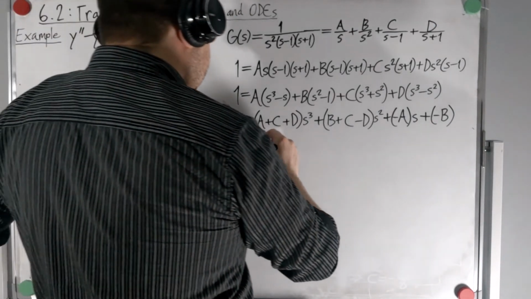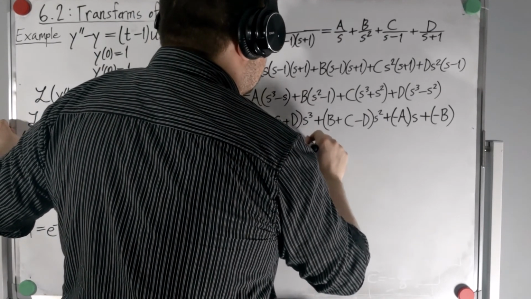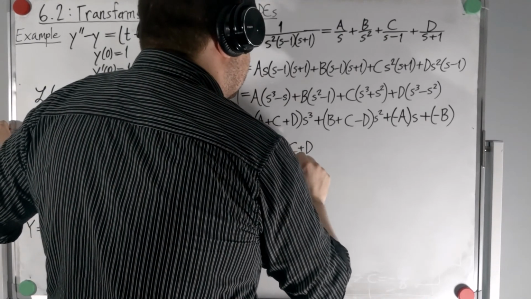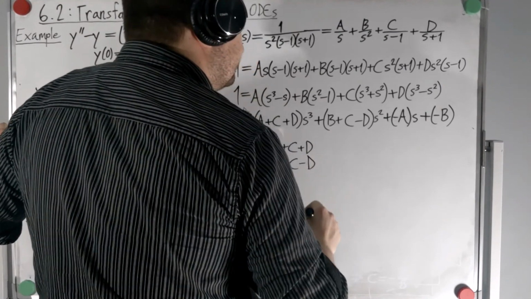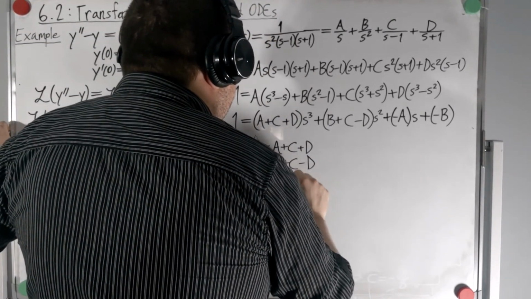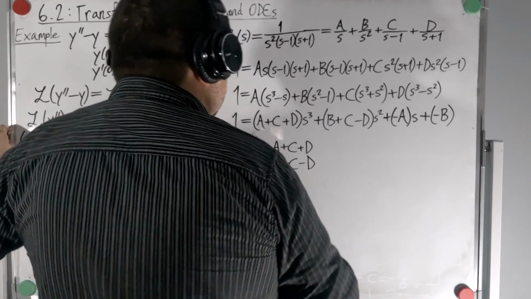So that means 0 equals A plus C plus D, 0 equals B plus C minus D, 0 equals negative A, and 1 equals negative B.